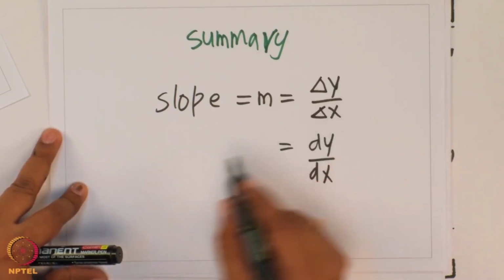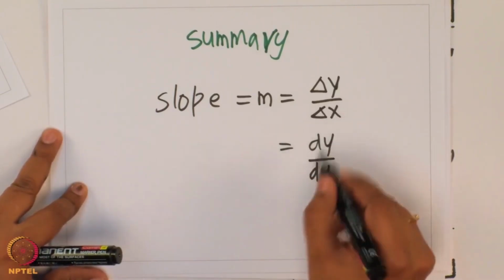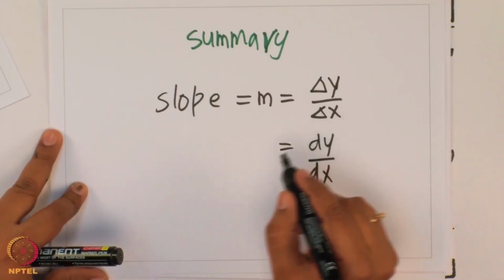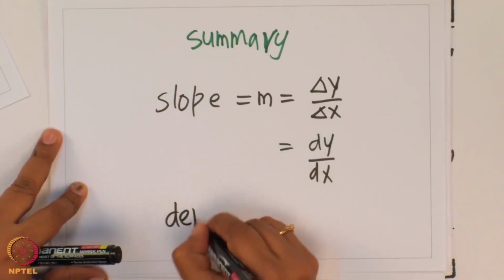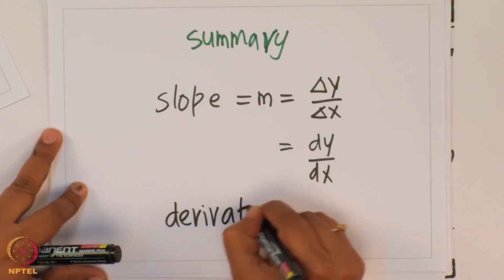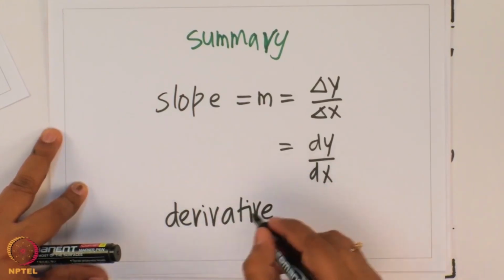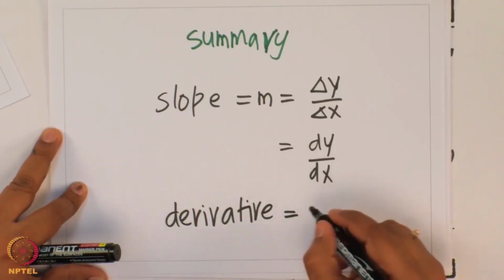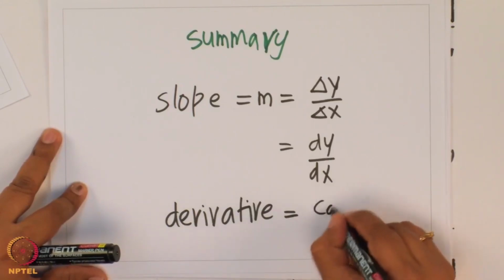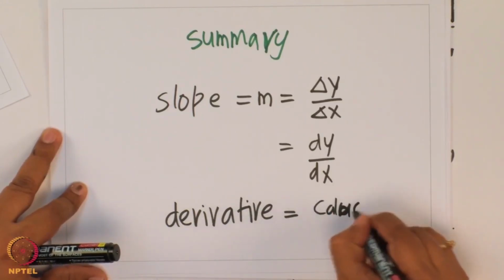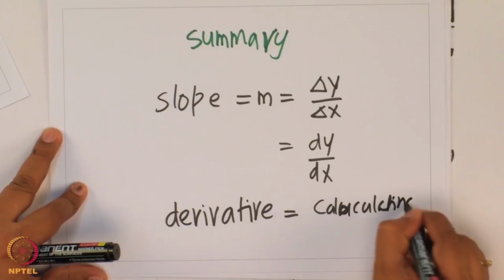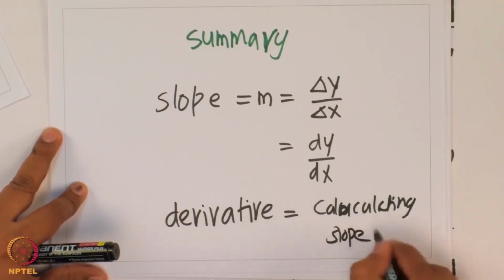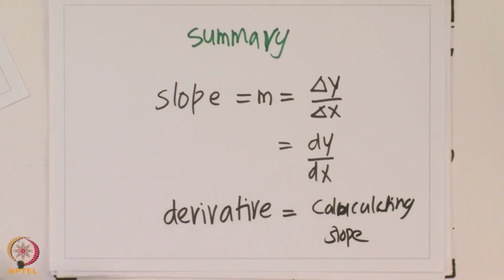We calculated the slope for a straight line and for a curve. Calculating the slope is the same as calculating the derivative. This is what we learned in this lecture. We will learn about finding derivatives in more detail in the coming lecture. For this moment, we'll stop.